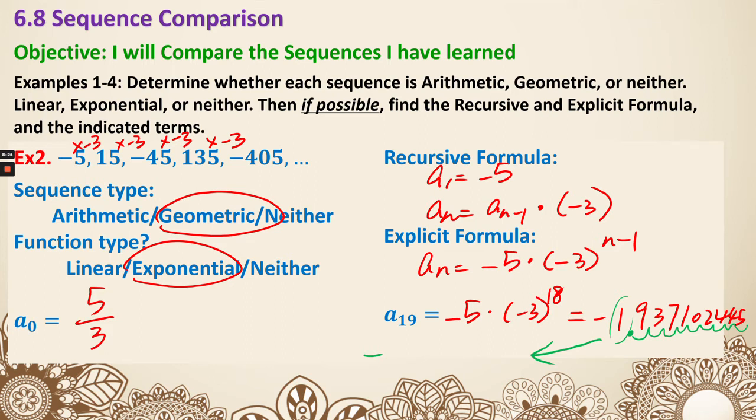That's around 3 decimal places. 1.937, and since I moved my decimal point to the left 9 times, it's going to be 10 to the 9th power. Even though your calculators may show you scientific notation as something like E9, you can't write E9 on paper because that's basically a programming language showing on the calculator. On paper, you still need to write it as times 10 to the 9th power.